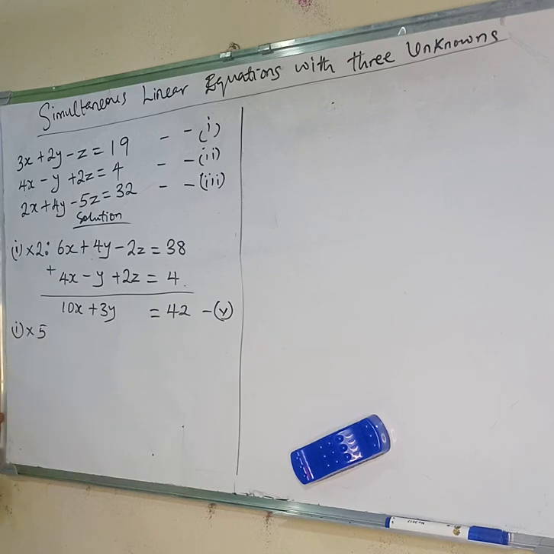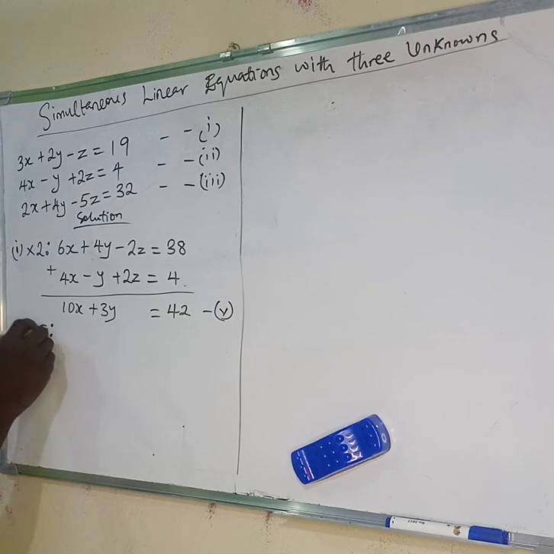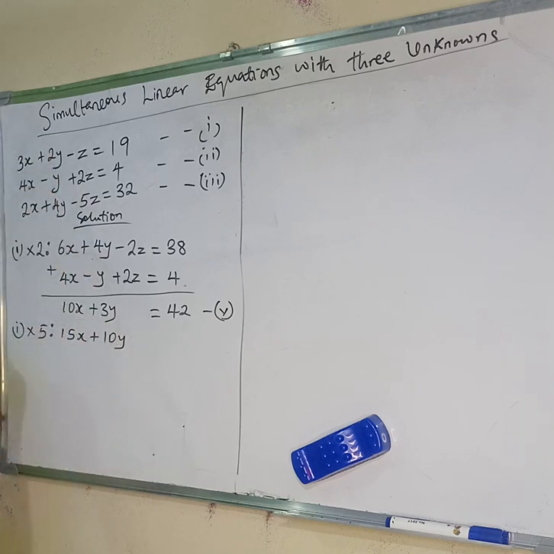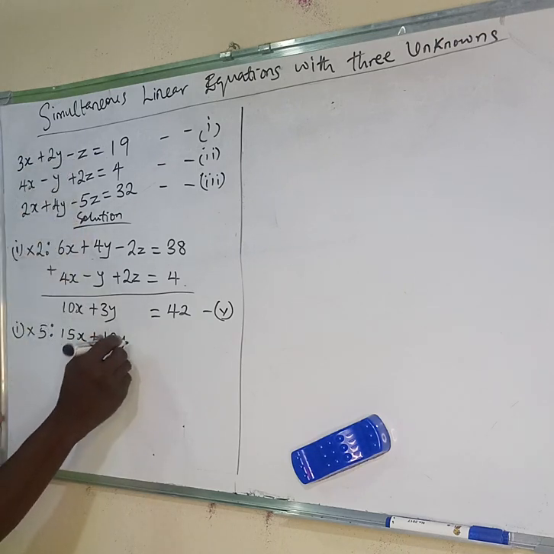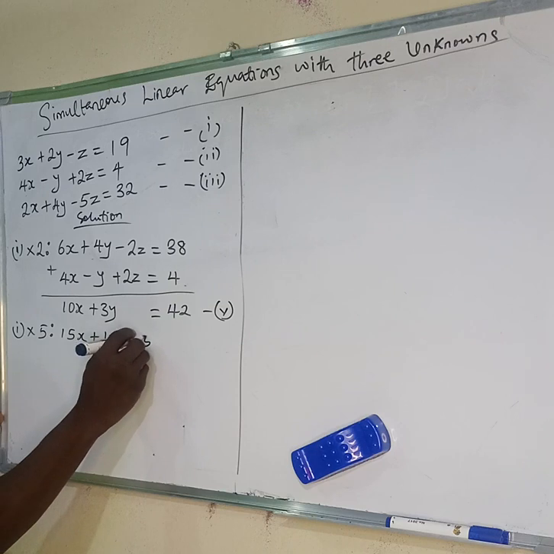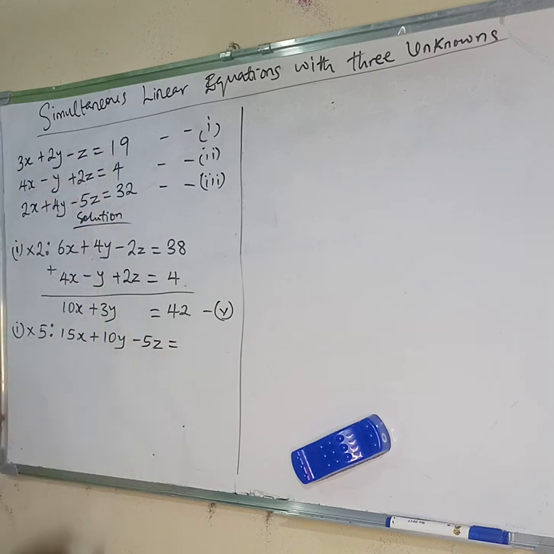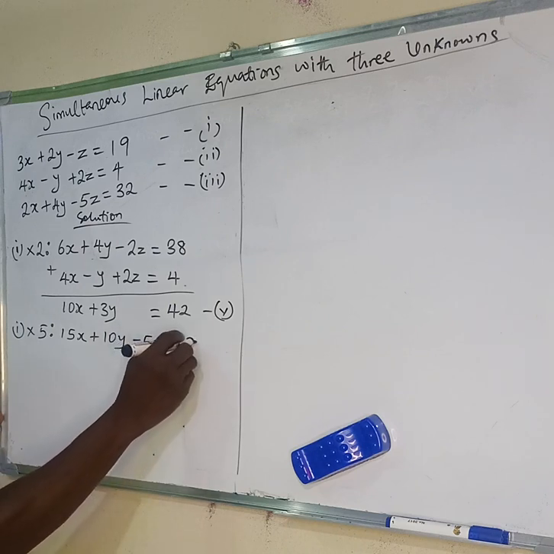All right? So what will it give us? 5 times 3x gives us 15x, plus 5 times 2y gives us 10y, plus or minus 5 times z gives us negative 5z, equals 5 times 19, which gives us 95.